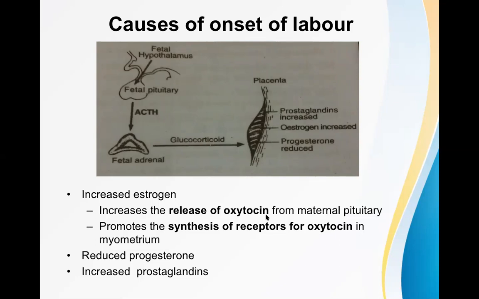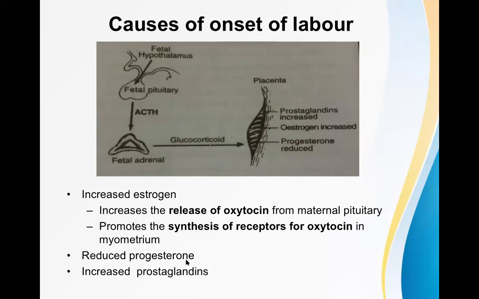It causes contraction of the uterus. Very important point. Another one, because of this excessive estrogen, it promotes the synthesis of oxytocin receptor on myometrium, so that this oxytocin can act very easily on the receptor and more effective contractility of the myometrium can occur. So this is the role of estrogen.